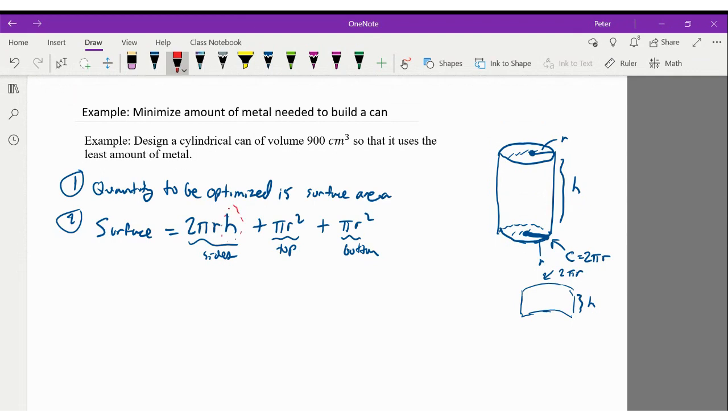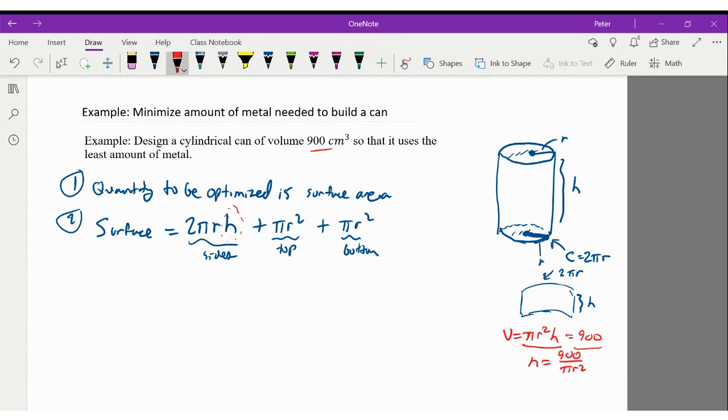The thing to observe here is that the volume of the can is equal to the area of its base, that's the circle pi r squared, times its height. And we also know in the problem statement that that's 900. So equating this with this gives us h equals 900 over pi r squared.